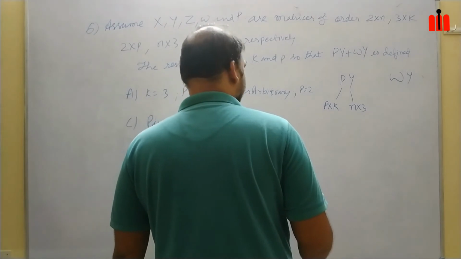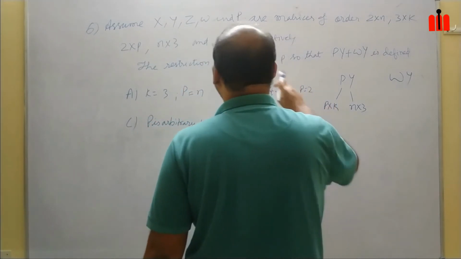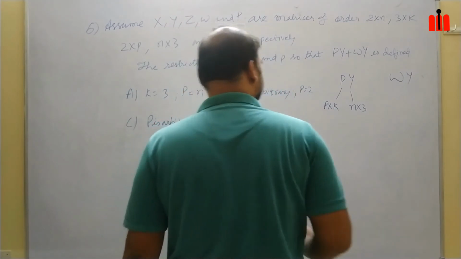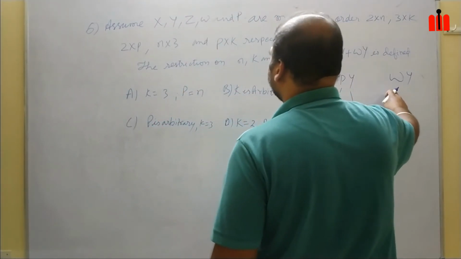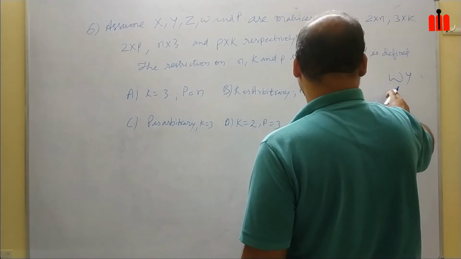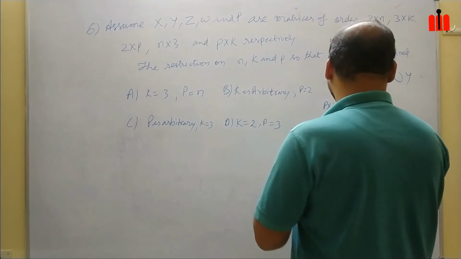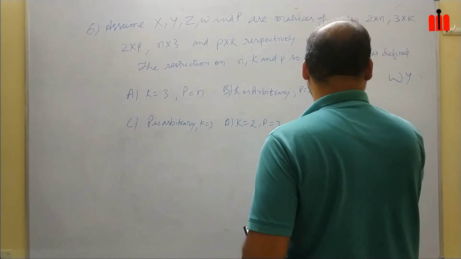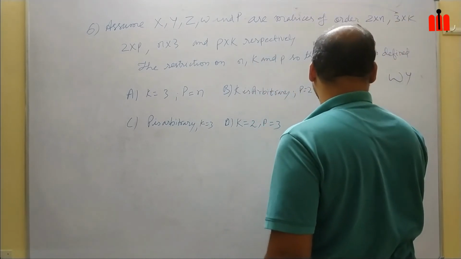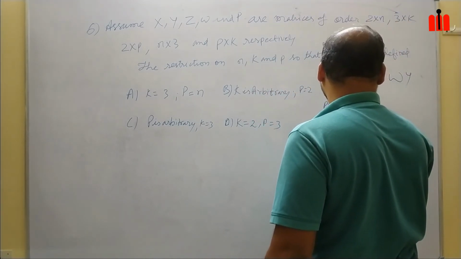Okay, so P's order is P by K and Y's order is N by 3. What is the order of W? Sorry, Y's order is 3 by K, not N by 3. Y is 3 by K. Okay, second matrix. So 3 by K.